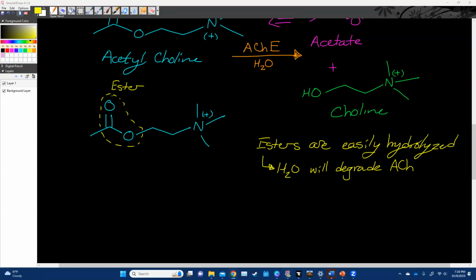So the first modifications that we can make to acetylcholine are different ways of either preventing acetylcholine from fitting into the receptor or decreasing the hydrolyzability of the drug.